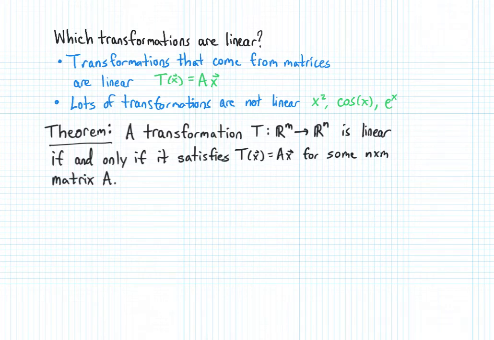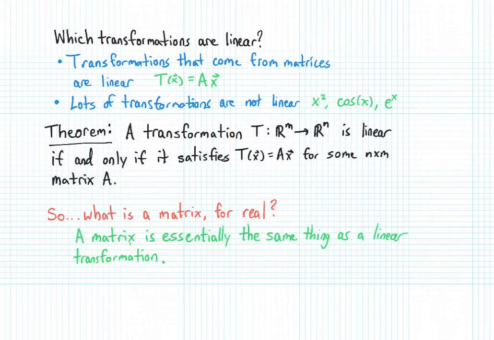So in other words, the transformations that come from matrices are the linear transformations. There is nothing else. And so in my mind, this answers the question of what is a matrix for real. It's not just an array of numbers. The right way to think of it is that it's a linear transformation.